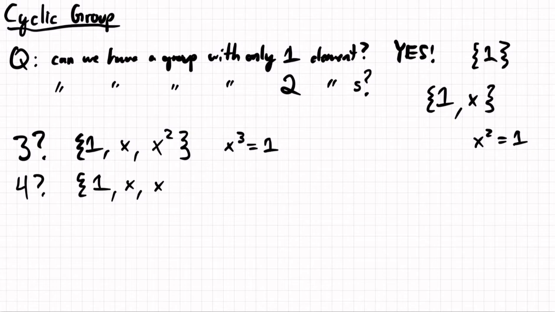Then I take another element, and then I just raise it to powers as many times as I want. And if I stick to the equation X to the 4th equals 1, then I can have a multiplication that will turn this into a group. And I can think about the axioms here.